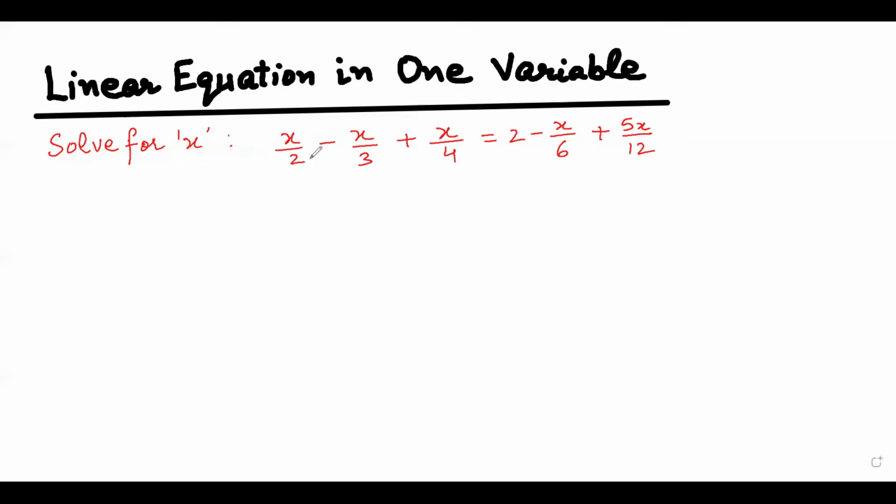This is minus and this is plus. When these terms go to the other side of the equal to sign, toward the left hand side, they change their sign. The minus terms get plus and the plus terms get minus. Addition becomes subtraction and subtraction becomes addition.